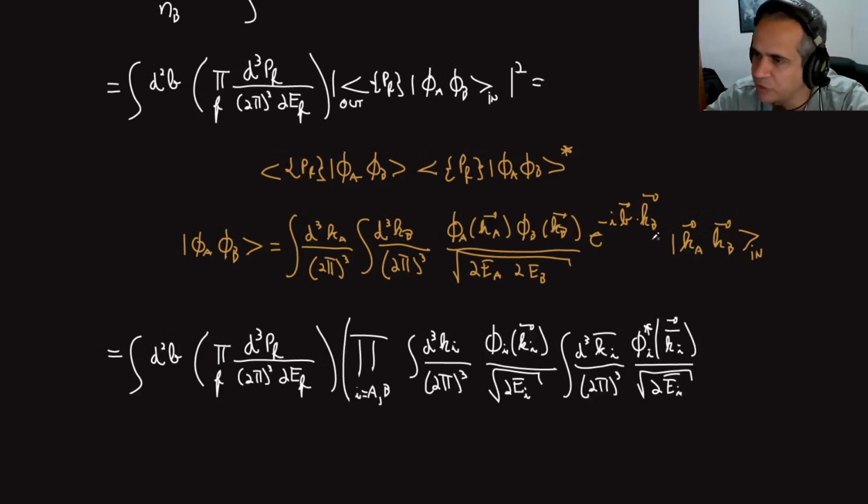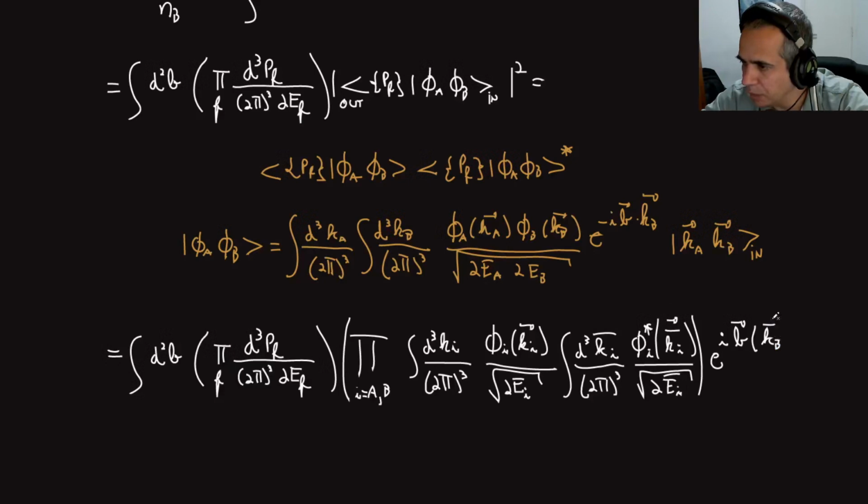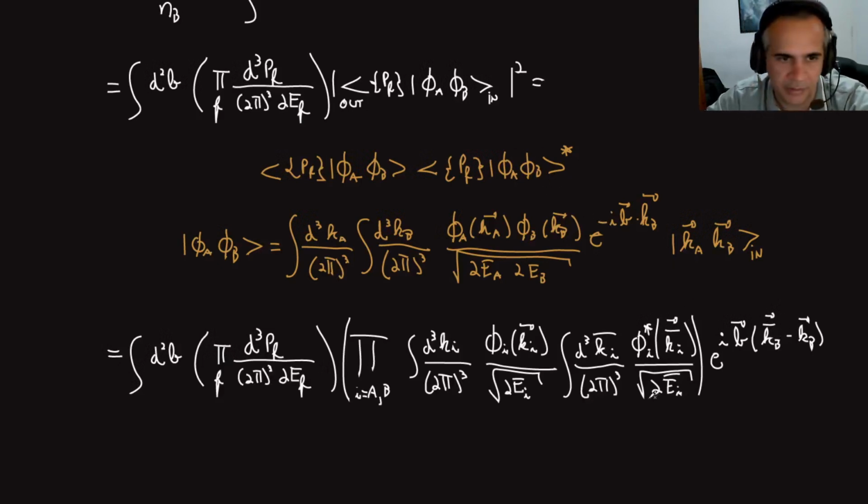Right? Then I have two exponentials, one with kb and another with kb bar. So this ends the product, right? There's this exponential of minus i b times (kb bar minus kb). So the kb part is just the same as this with the minus sign, and the other one is the complex conjugate, so it changes the sign, right, since it's coming from here. And this is multiplied by, of course, these brackets here.